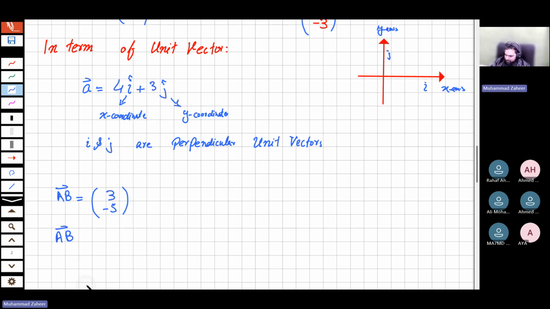So that will be equal to 3i, the x value, minus 5j. Both are exactly the same thing, but in a different format. One is in column vector form and the other is in terms of unit vectors.